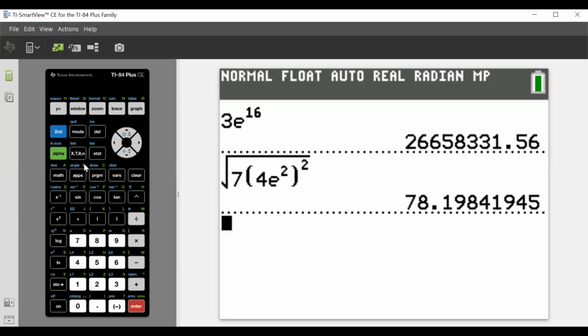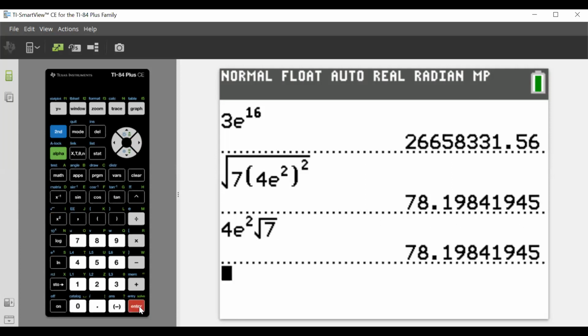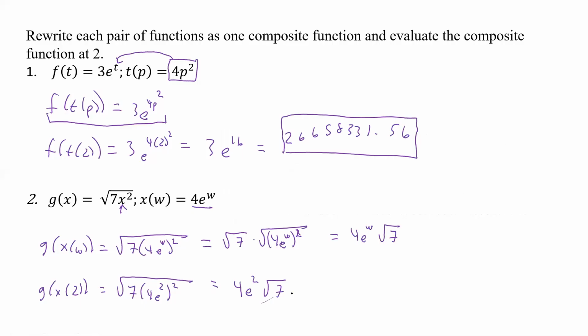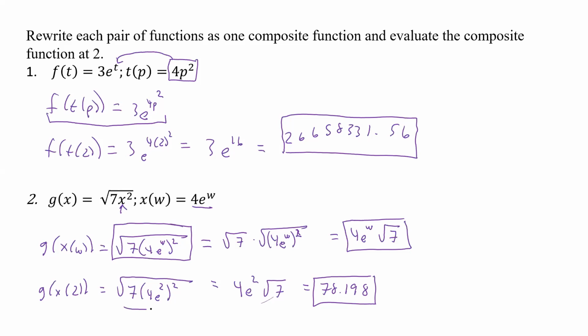Or we can do it the second way, which was taking 4e squared, remember, go down, then square root of 7, and we get that. So either we do it this way or this way, but both ways we get 78.198. So again, it doesn't matter if we say that is our function or that is our function. Both of them, as we can see here, give us the same value.